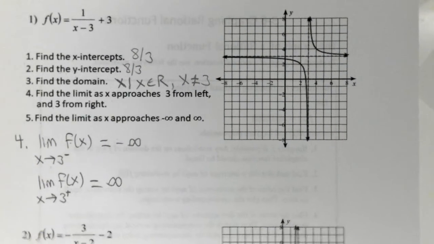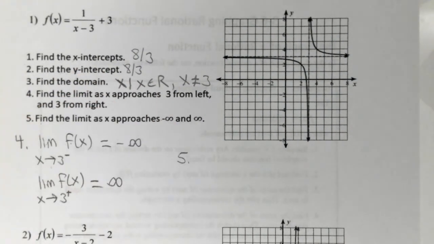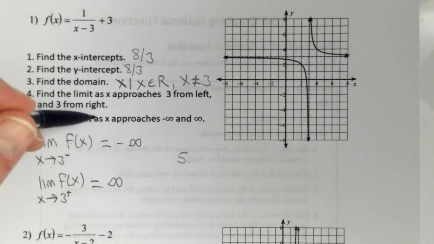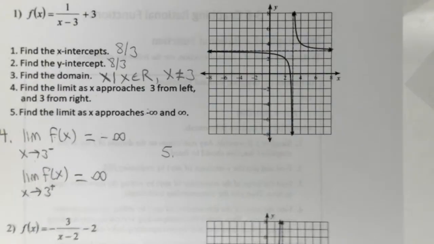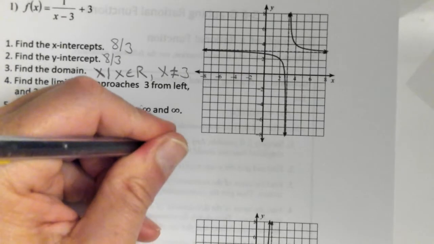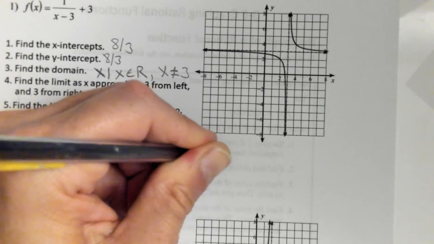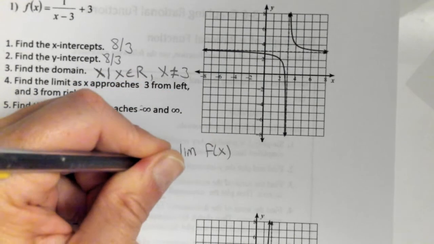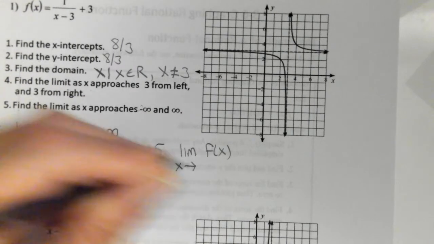Okay? And question number 5 now we can answer. It says find the limit as x approaches negative infinity and positive infinity. So again, we want the limit of f of x as x approaches negative infinity.